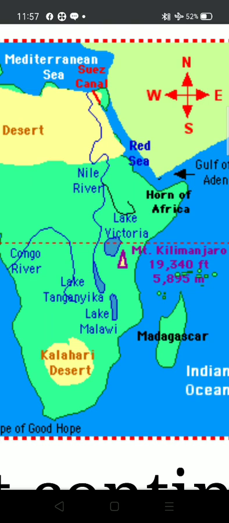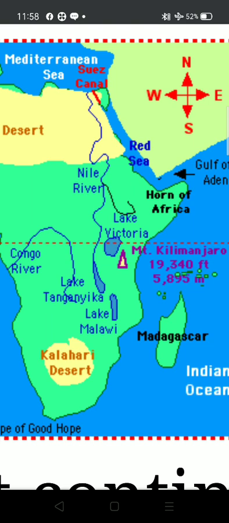Now we are into the chapter Africa. Already we discussed the location of the continent Africa in my previous class. Now we are going to extract some of the points from this chapter: the physical features of Africa, like the plateaus, rivers, lakes, the deserts present in the African continent.